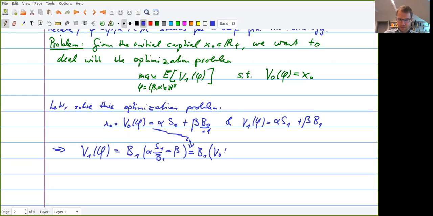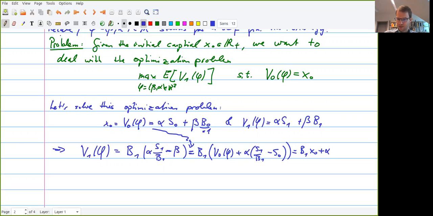I have my initial capital plus alpha, the discounted price process minus S1. And I can multiply it out. So the initial value at time 0 is just x0.